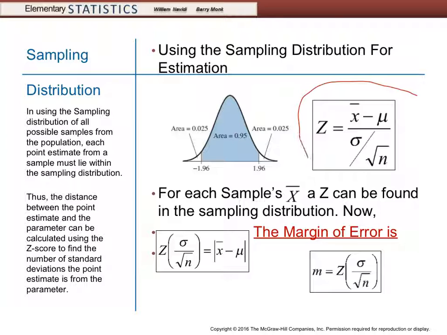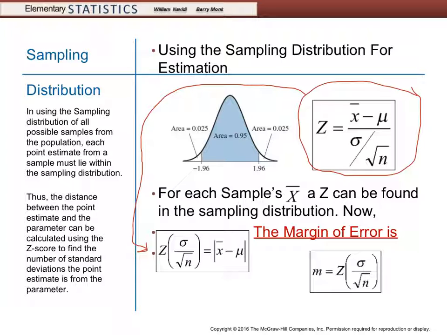So we can use the z-score to calculate the distance between x bar and mu. We call that the standardized distance when we divide it by the standard error. Now, when we multiply both sides of the equation by the standard error, we get that the sampling error, which is the margin of error, equals the absolute value of x bar minus mu.